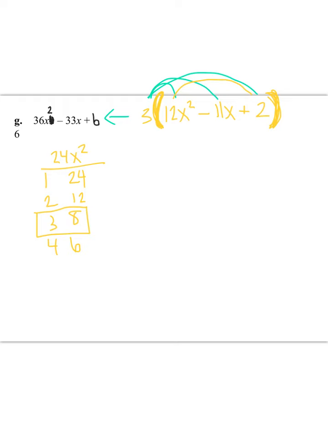If I had negative 3 times a negative 8, I get positive 24. And if I had a negative 3 plus a negative 8, I'm going to get negative 11. So we want negative 3 and negative 8.